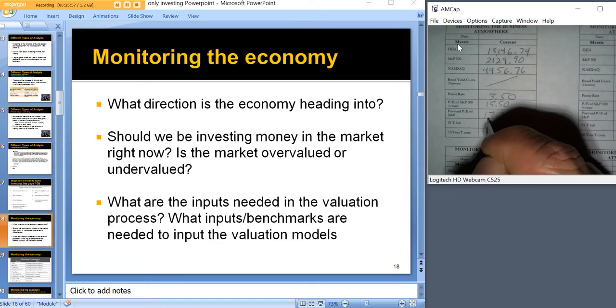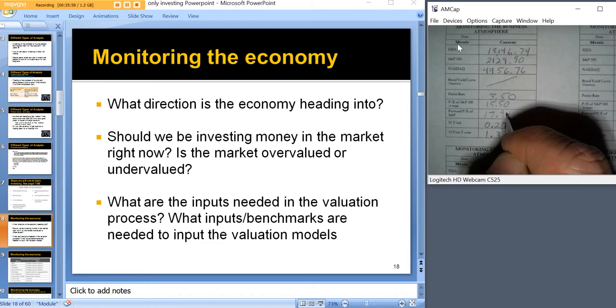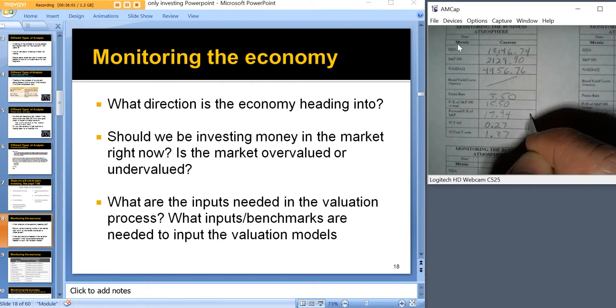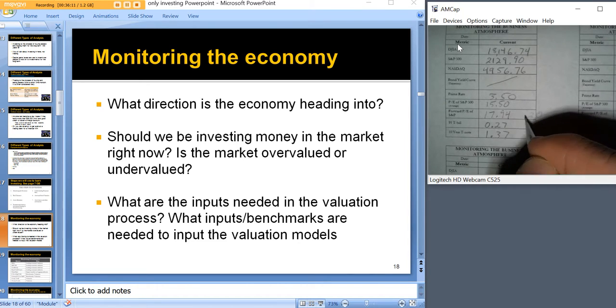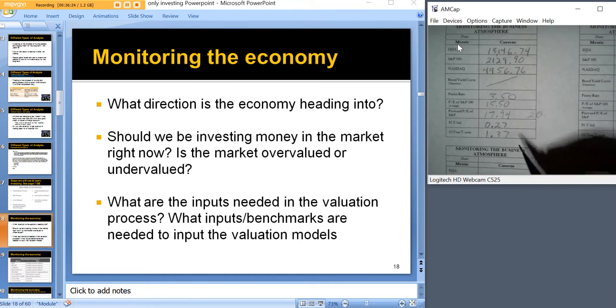Now, even though 17.94 is more than 15.5, the average in about the last 5 years has been about 20. So knowing this, and I keep track of these numbers, I would say right now that's pretty cheap or pretty undervalued. And the next piece of information I need, and this is for the actual valuation process that we'll be completing later, is the 91-day T-bill and the 10-year T-note.